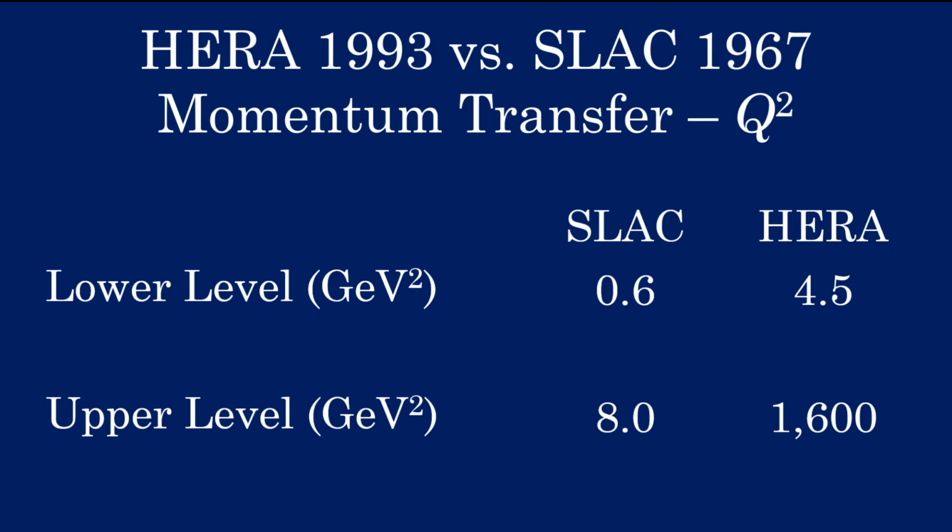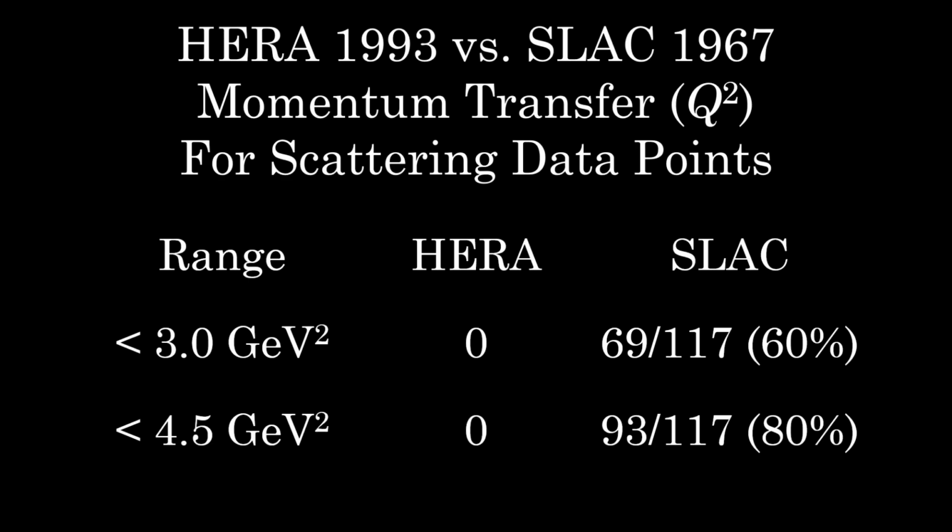The collisions in the HERA experiments were overwhelmingly stronger than those in the SLAC experiments. 60% of the SLAC data points had momentum transfers less than 3 GeV squared, and 80% were below 4.5 GeV squared. All of the HERA data points were greater than or equal to 4.5 GeV squared.